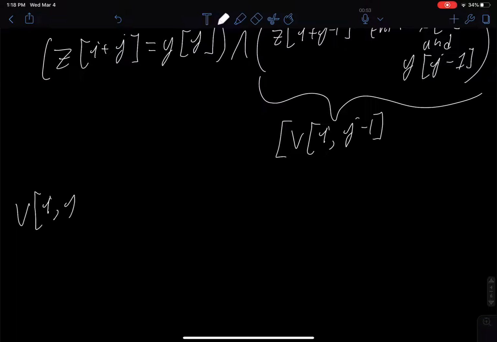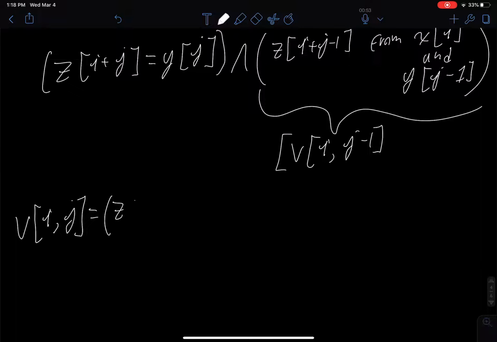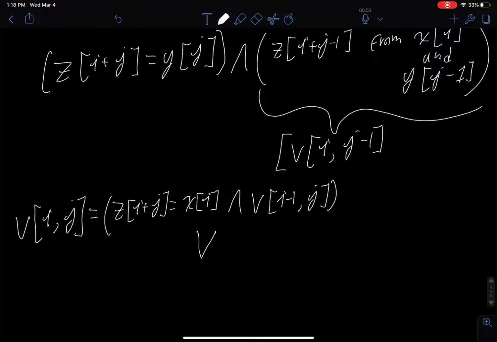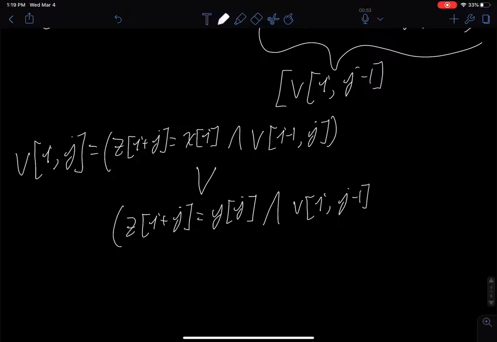v_{ij} is equal to the expression: z_{i+j} equals x_i and v_{i-1,j}, or, this is going to be our disjunction symbol, z_{i+j} equals y_j and v_{i,j-1}.